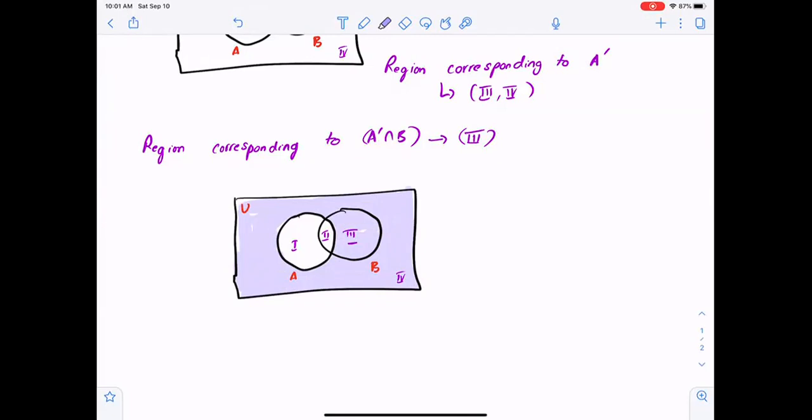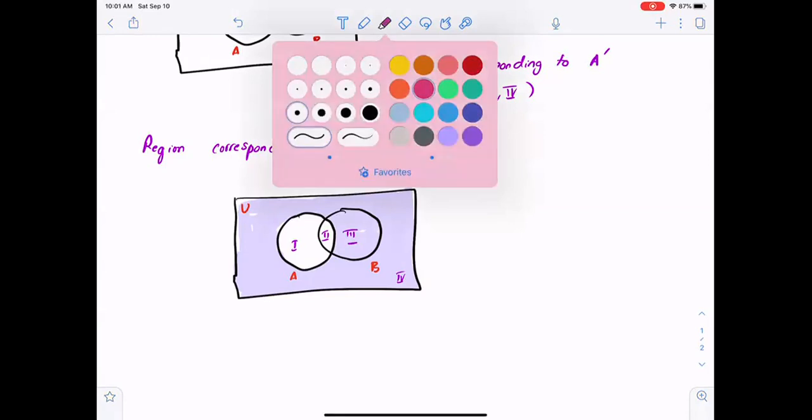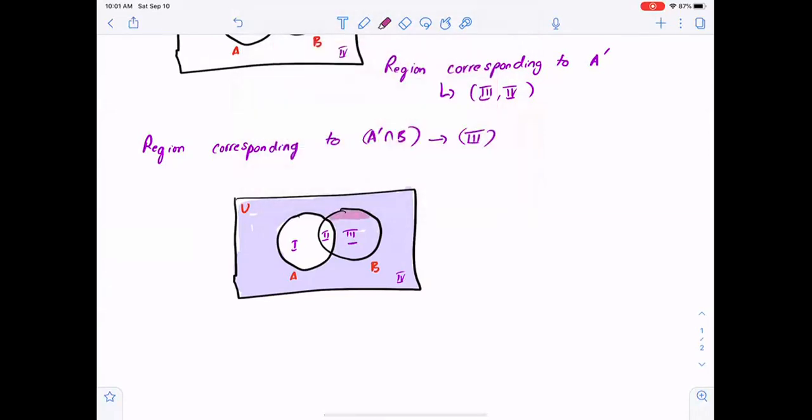Now we have to find B or shade B, and then pick the intersection of the two. And naturally, one can see that the intersection of the two is region 3.